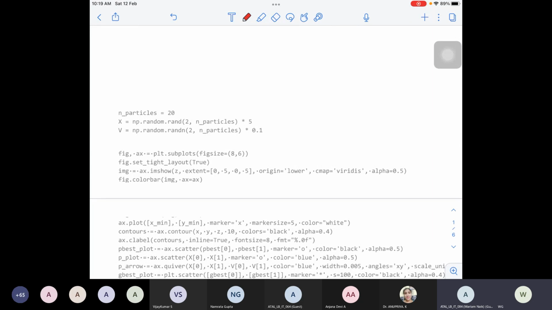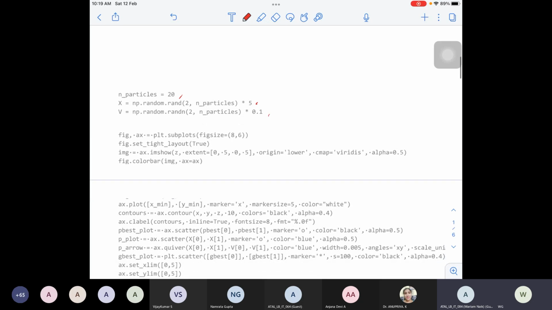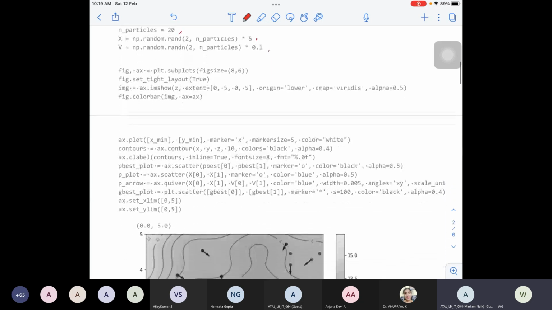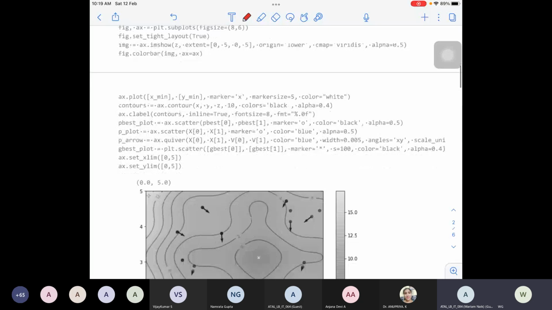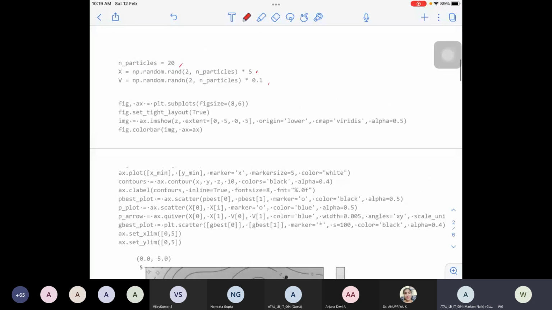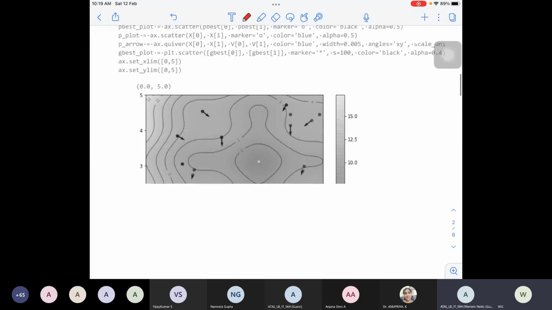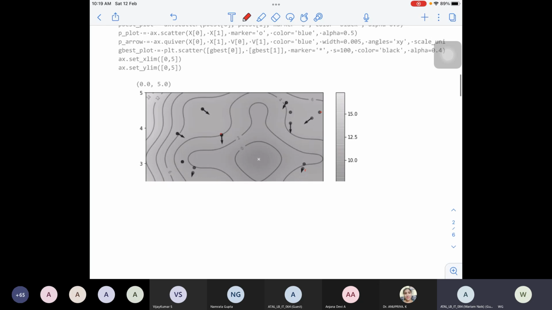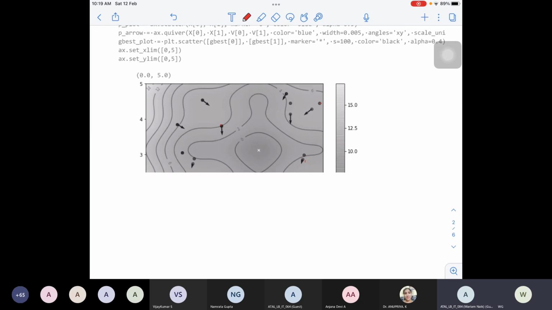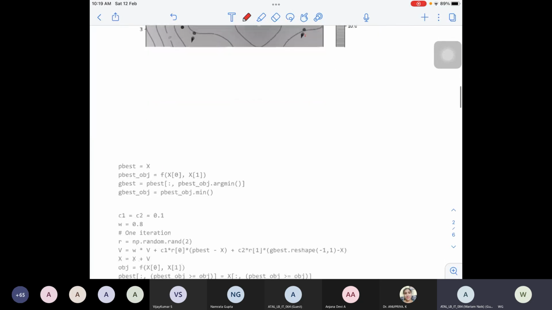Then we initialize 20 random particles. We initialize their positions and their velocities with some values, and then with those 20 particles we once more do a contour plot and identify where those particles are exactly located, right? Some of these particles may be out of bounds. So we have these 20 particles.